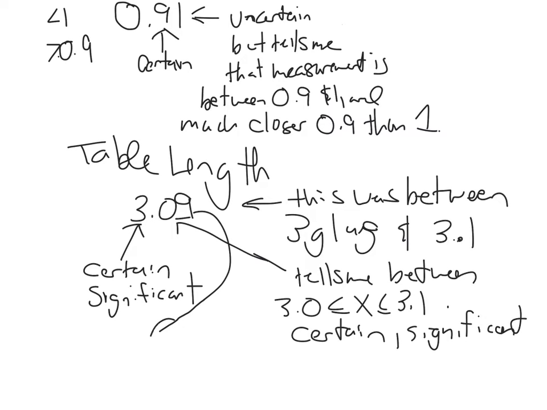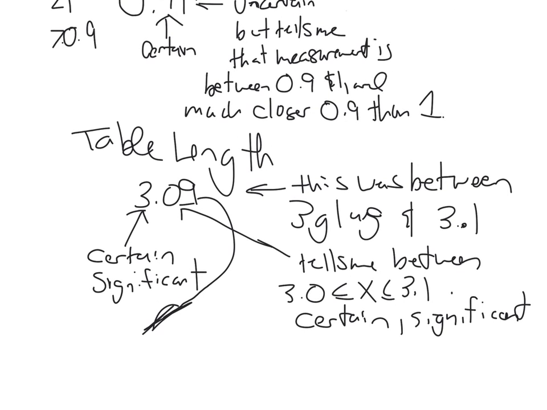In the case of the 9, I'm not exactly sure if I really know that that's a 9. As again, the 0 there is significant. It's certain. I know it's between 3.0 and 3.1. So again, let's focus on the 9.